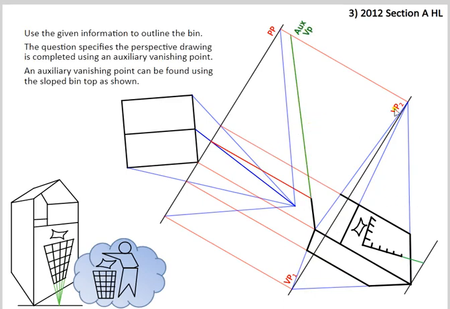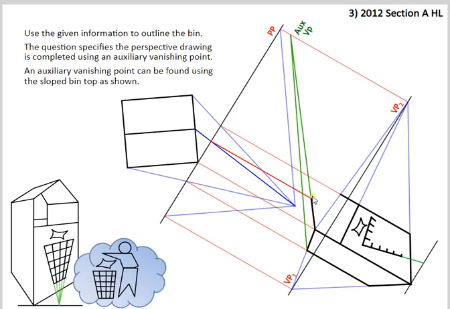So we're constructing an auxiliary vanishing point here. Now in this case, we're not drawing a height or an angle from our spectator because we don't know the angle. But we're already given the front edge, which is drawn in perspective, at an angle. Now this has to connect back to a vanishing point.